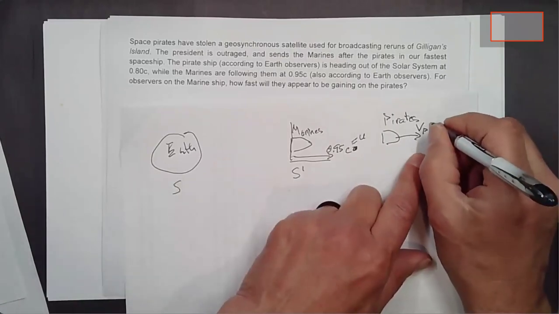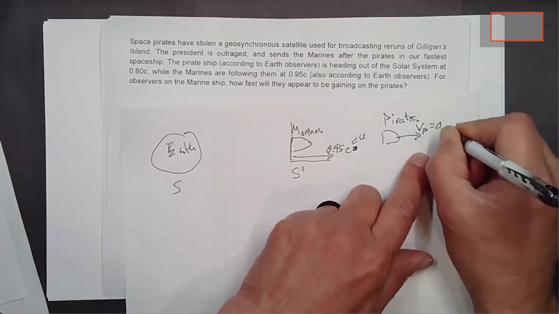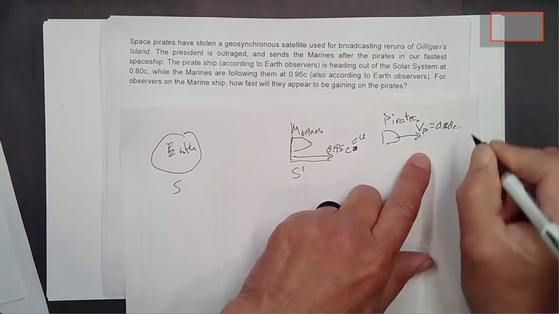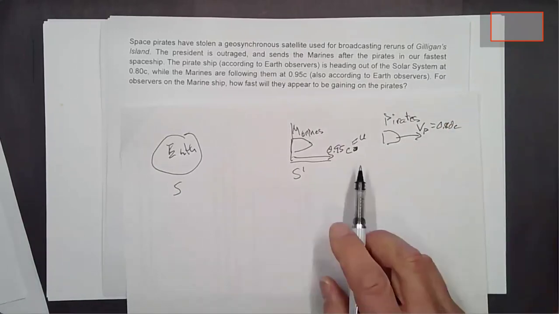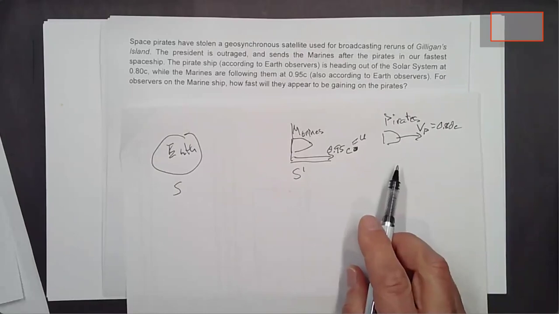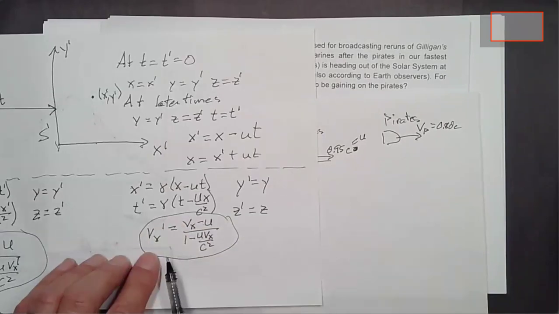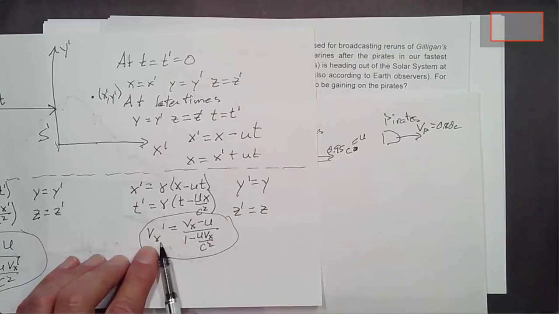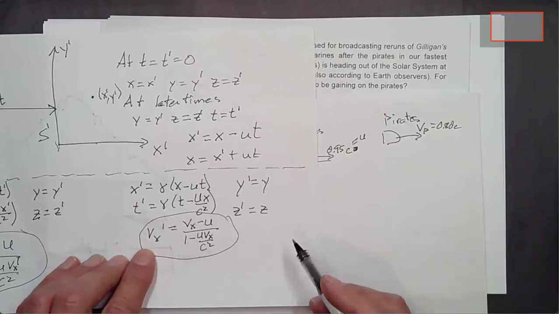So that's 0.80 C. And we want to know what is V sub P prime. This is like the V sub X prime that we have here. I just put a P on it because it's for the pirate ship.